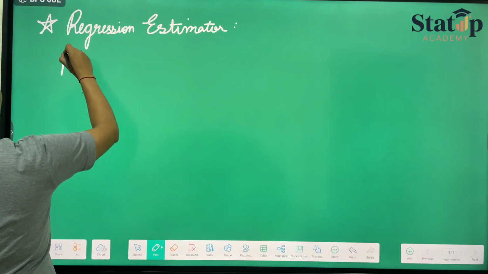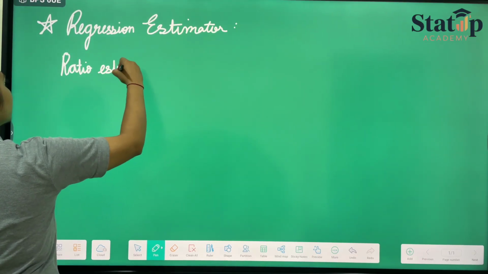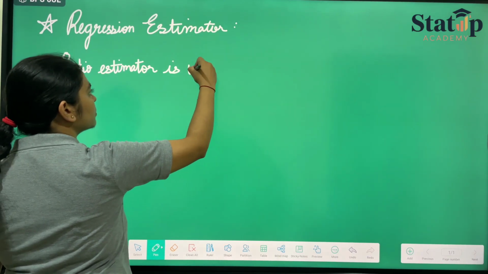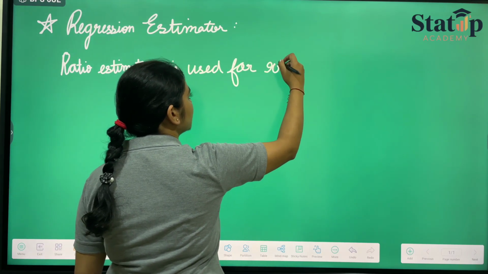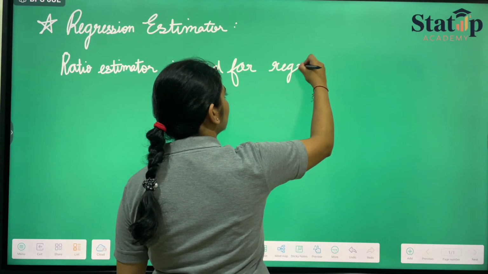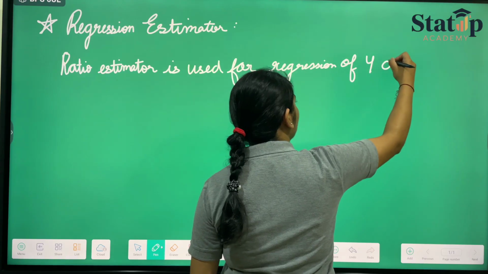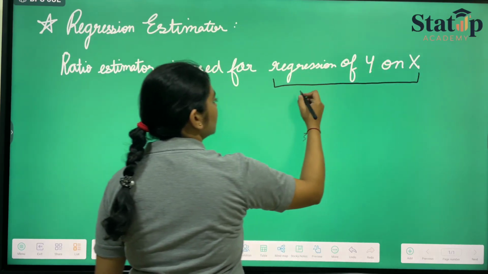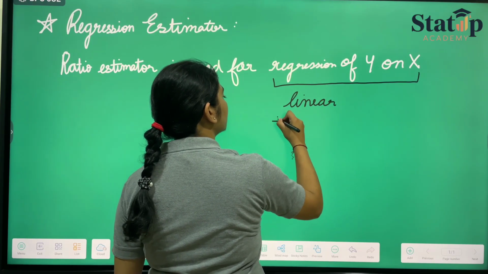Because ratio estimator is used for the regression line, regression of y on x, where this regression line is linear plus it passes through origin.